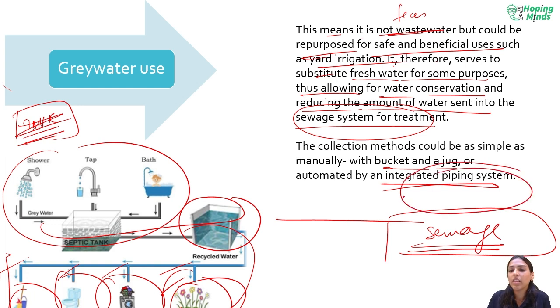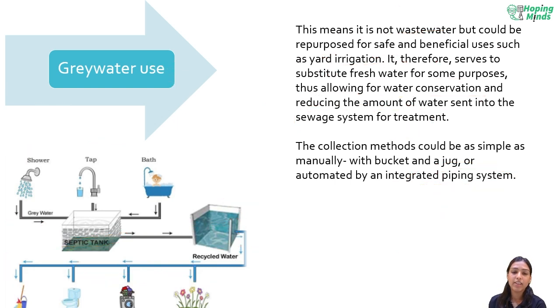This should really be incorporated in new houses being built today. It's a very sustainable method of reusing, recycling, and reducing wastewater. It's a very nice and ingenious way of making optimal utilization of water.